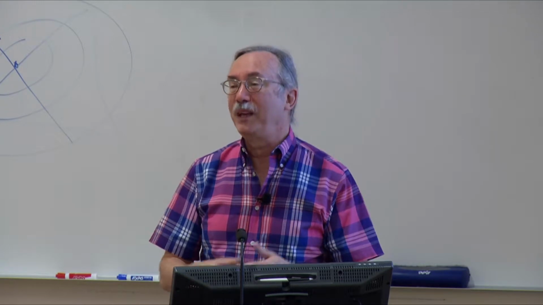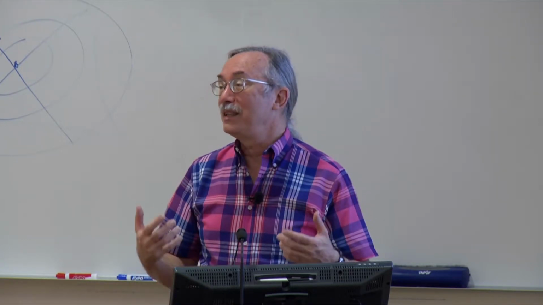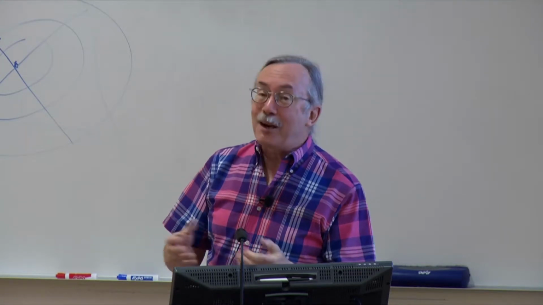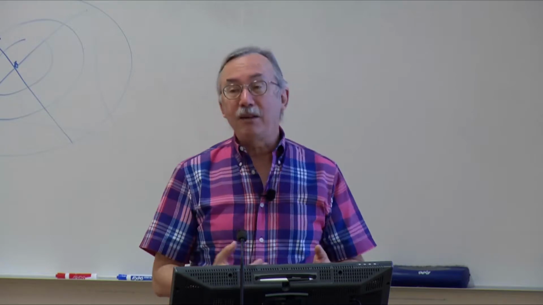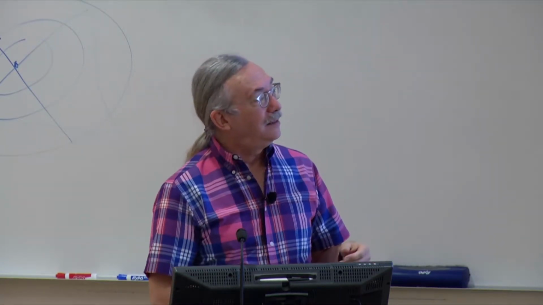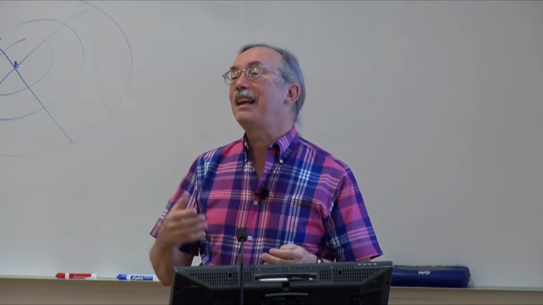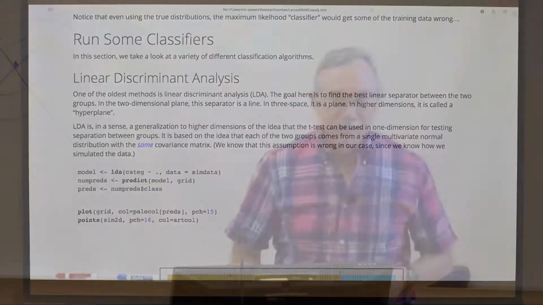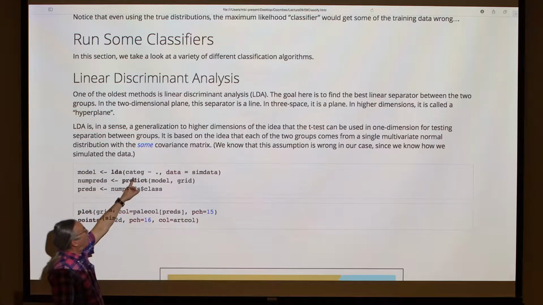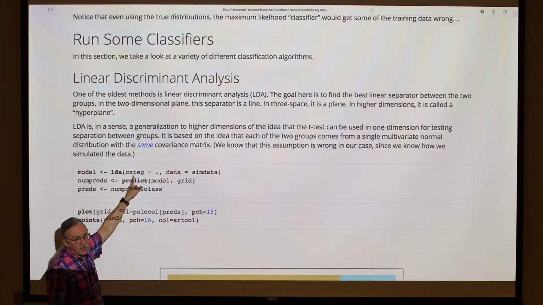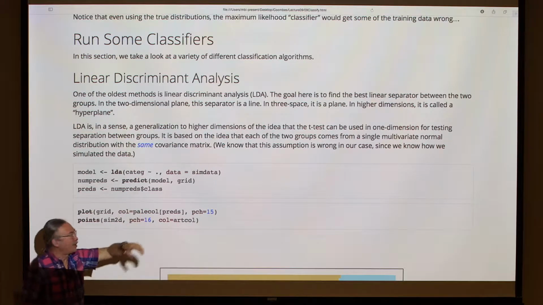But here we just have a 2-dimensional space. We're going to be able to invert it. We can work out what the linear discriminant analysis is going to give us. And of course, we're not actually going to compute it manually. We're going to use a function in R called LDA, for linear discriminant analysis. You feed in the data and say that the categories in the data are a function of everything else. That's this shorthand in R. We've got a category someplace, and we've got however other variables there are.